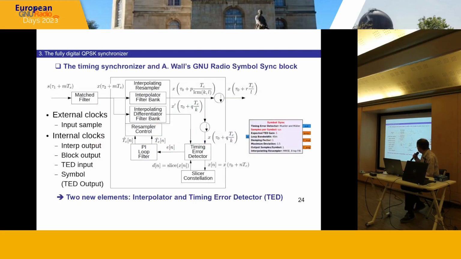So what do we find in this loop? You've got an interpolating resampler. You find something interesting, we talked about that this morning, the timing error detector. What's interesting here is that we'll be able to choose different timing error detectors because he's implemented several TEDs, and the code is really well written so that you can also add your own TED if you want to add something new.